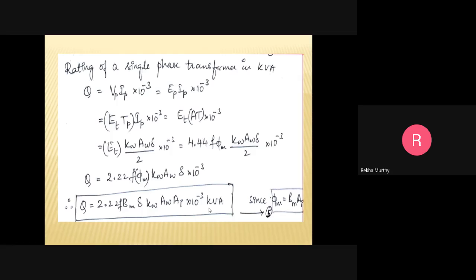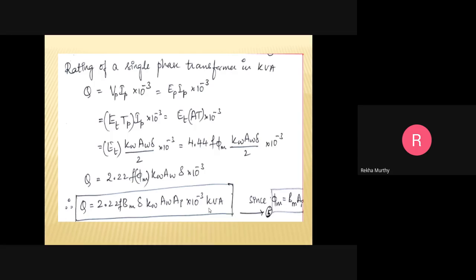So from today's class, we discussed the basic formulas for the EMF equation. Then today you learned what is EMF per turn. Then what is the new parameter which you learned? Window space factor and current density.